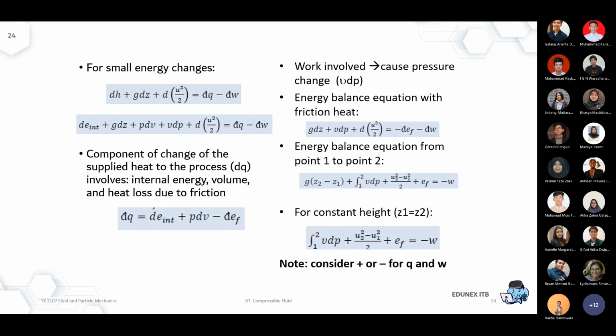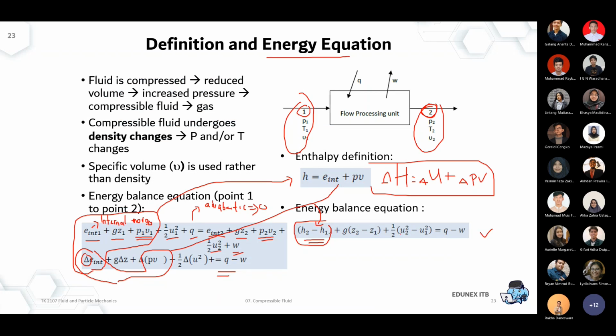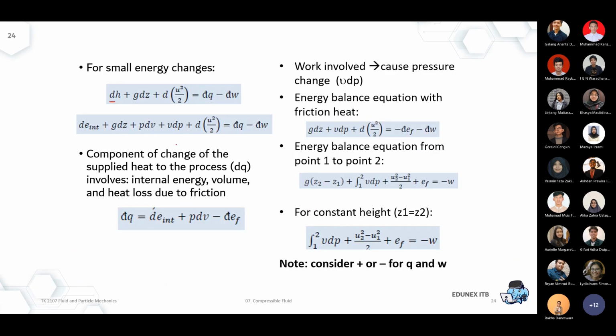So for small energy changes, we can now express everything as a differential. Okay, so it starts with the last energy balance equation. You have the enthalpy, the delta elevation, the delta velocity, the heat and duty. Now for small energy changes, you can put the differential in all components. Now you have delta enthalpy plus delta elevation plus delta velocity is equal to delta Q minus delta work.